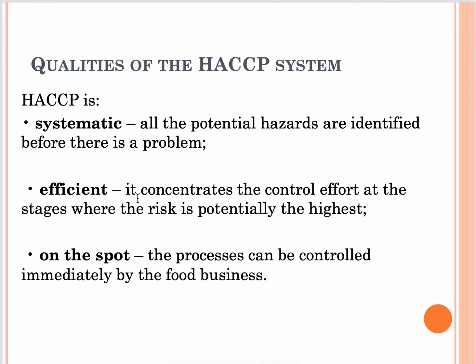It should be efficient, in that it concentrates the control effort at the stages where the risk is potentially the highest. So where there is more potential of risk, more concentration is needed. And the HACCP approach should be on the spot. That means the processes can be controlled immediately by the food business. If there is any problem at any point, it should be controlled immediately. The problem can be addressed immediately.